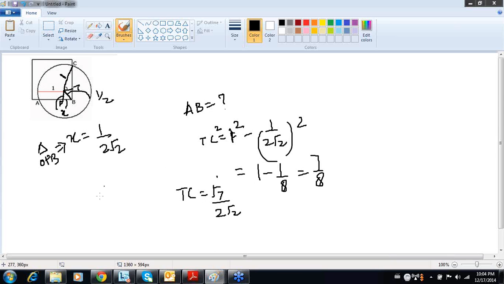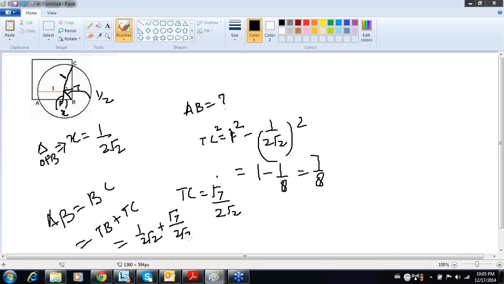Now the value of AB, which is equal to BC, will be equal to TB plus TC. TB is the same as TO, that is 1 by 2 root 2, plus TC, root 7 upon 2 root 2.